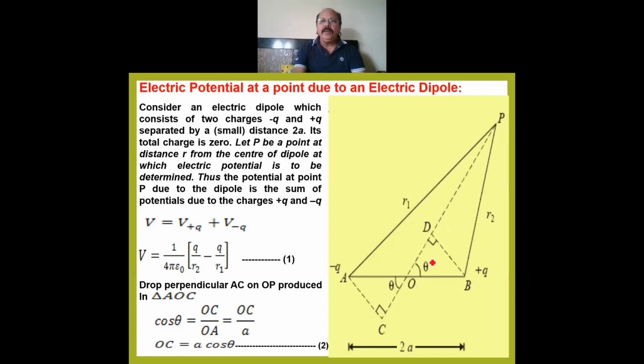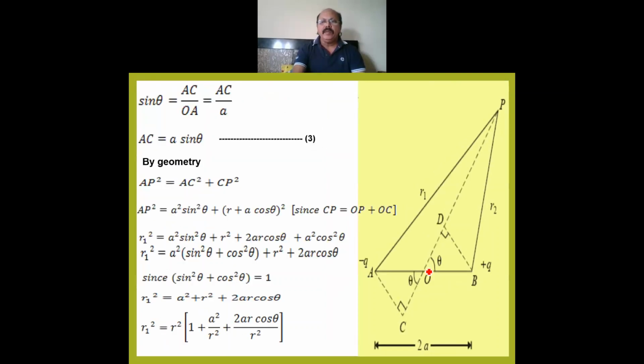Later on, when we place theta equal to 0, this point P is on the axial line of the electric dipole. So that is electric potential at a point on an axial line of an electric dipole. Similarly, when we place theta equal to 90 degrees, we can calculate electric potential at a point on the equatorial line of an electric dipole.